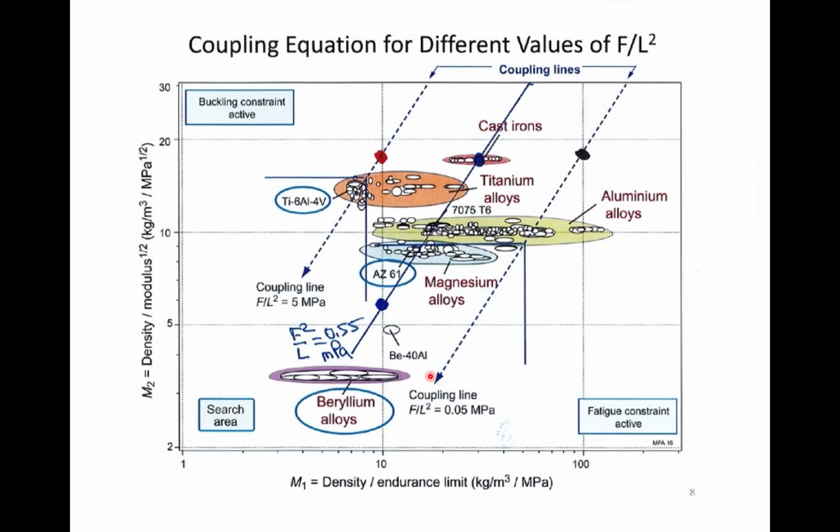And so if we look at that, first of all, cast iron's here, and I drew a dot here where this is about 0.6. So we have 18 on the y-axis, and I believe roughly 12 on the x-axis. So it's going to give you a value of M2 over M1 of 0.6, more or less.